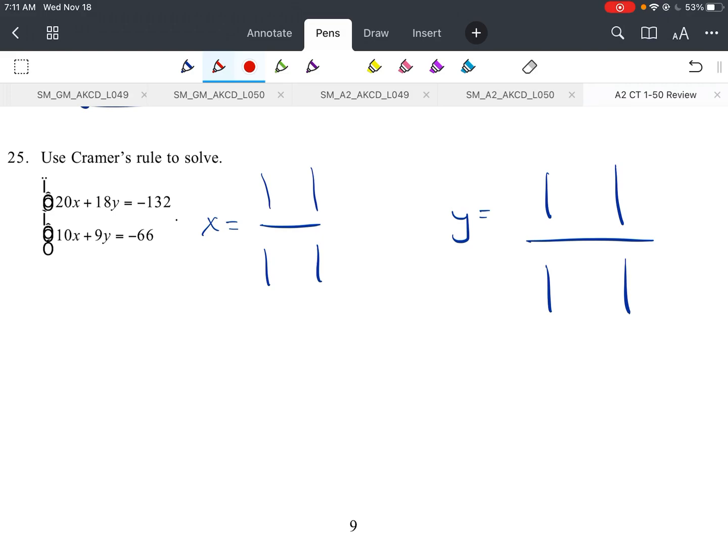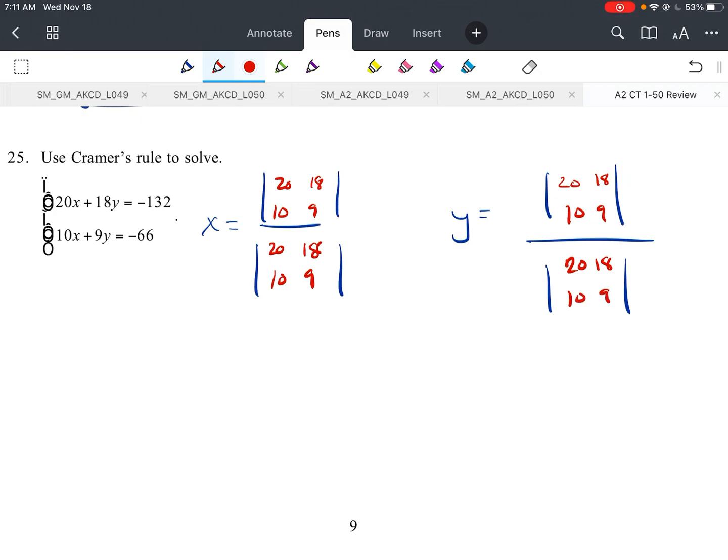Let me make even more room here. Just throw all your numbers in there for your coefficients. So this would be 20, 18, 10, 9, in each determinant.